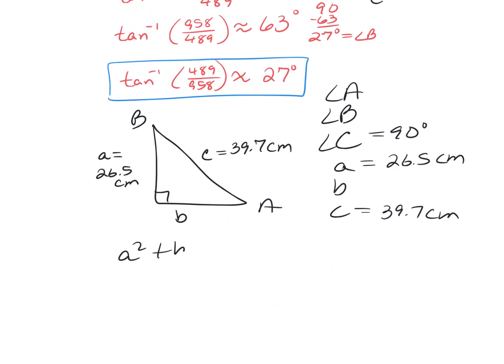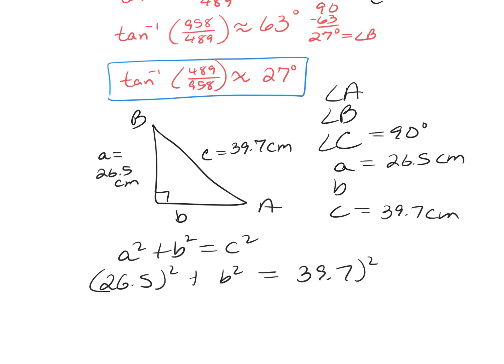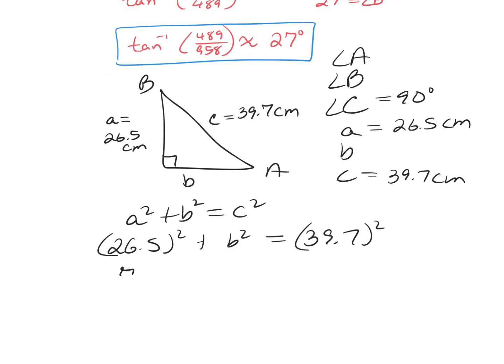So let's do Pythagorean theorem to find lowercase b. So a squared plus b squared equals c squared. 26.5 squared plus b squared equals 39.7 squared. Once I square these numbers, 702.25 plus b squared equals 1576.09.